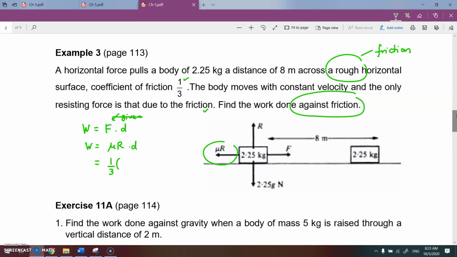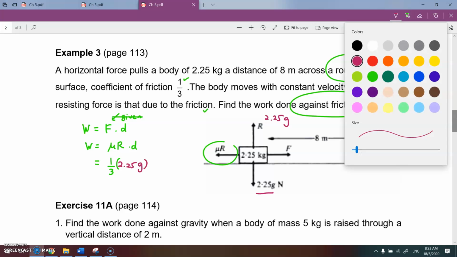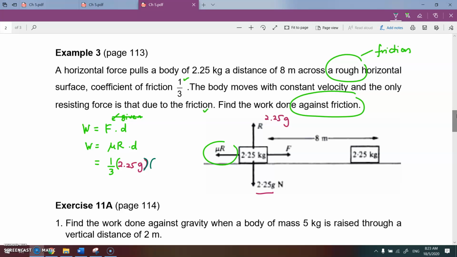The object does not move up and down, right? So R should be the same as the vertical force, the weight, mg. You just substitute 2.25 g here, and then the distance is 8 meters. So your final answer would be 58.8 joules if you use 9.8.